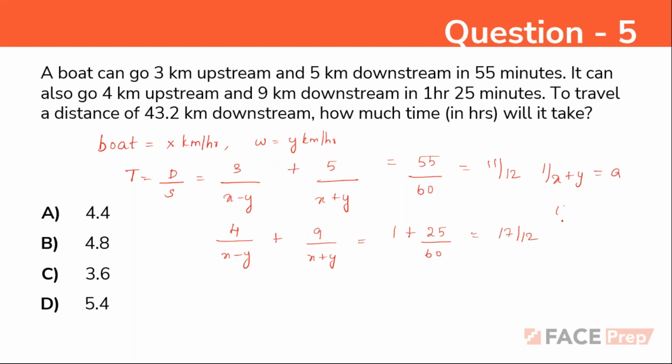Right. Now what is a? This a is 1 by x plus y, that is downstream. So if a is 1 by 12, then the time for this distance, the distance is 43.2 and the speed is 12.